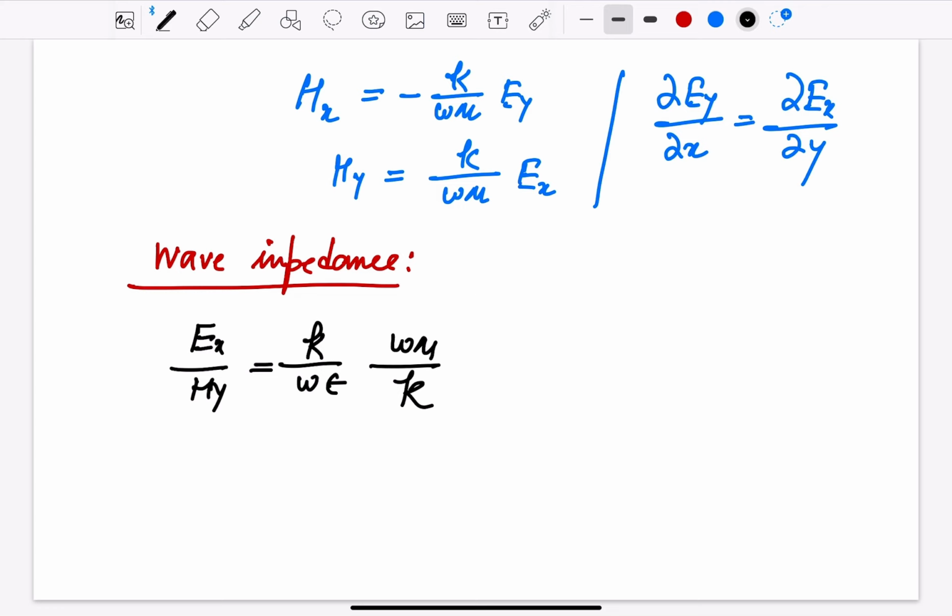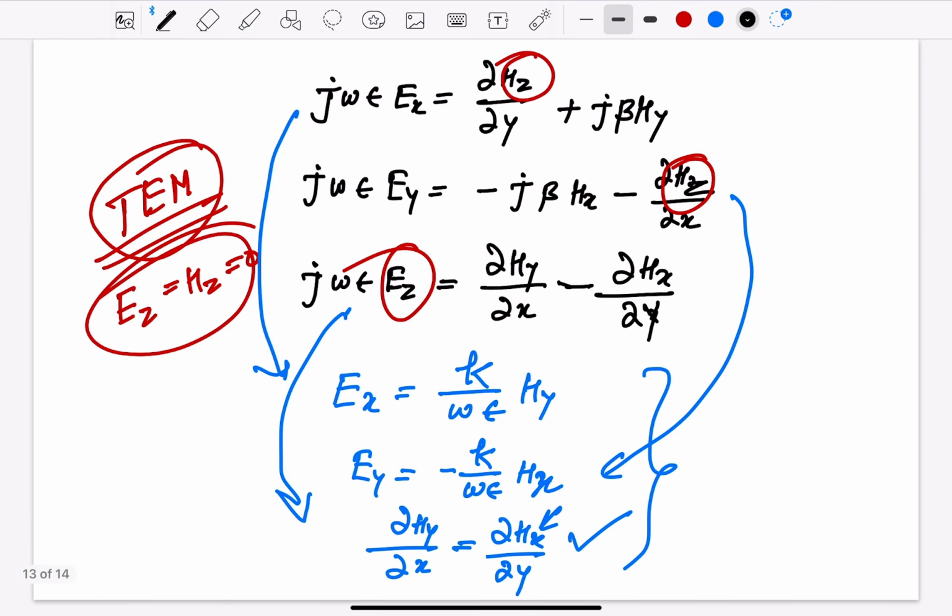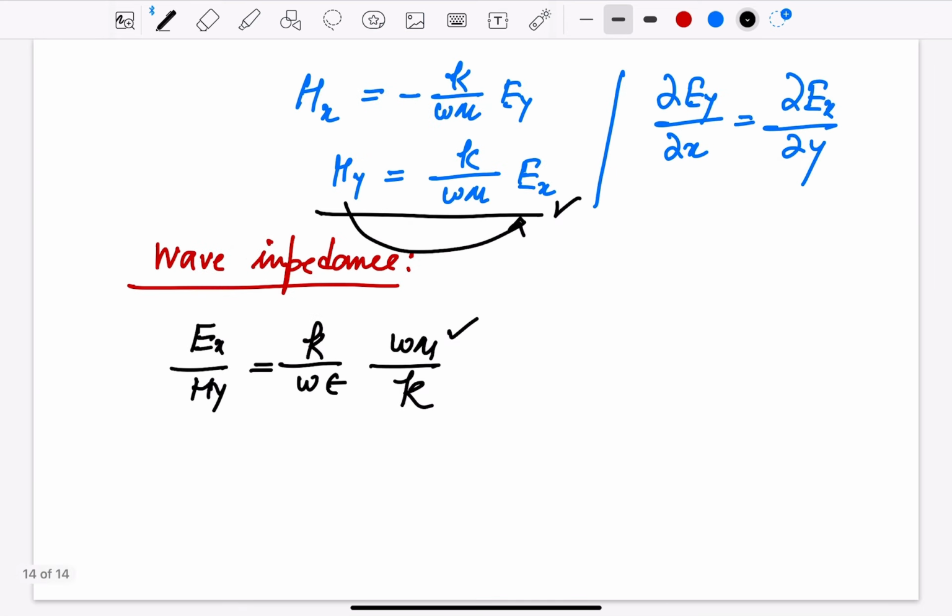So if you take the ratio Ex and Hy, you can write omega mu over k, and from the previous equation you will find k by omega epsilon. This leads to the square root of mu by epsilon, which is eta, and which is equal to the wave impedance of the TEM mode.